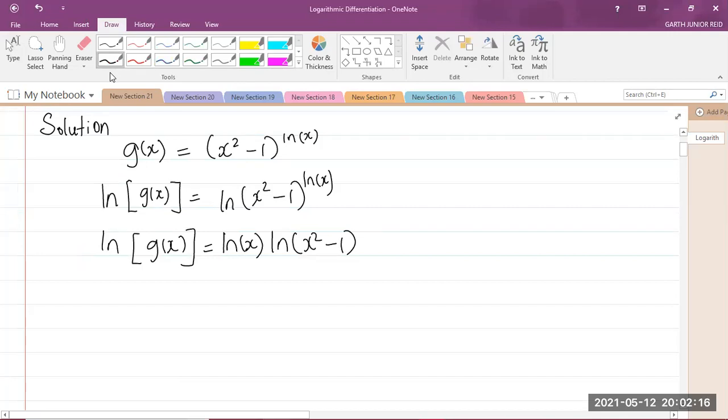Now we're going to begin differentiation. We're going to differentiate both sides of the equation with respect to x.